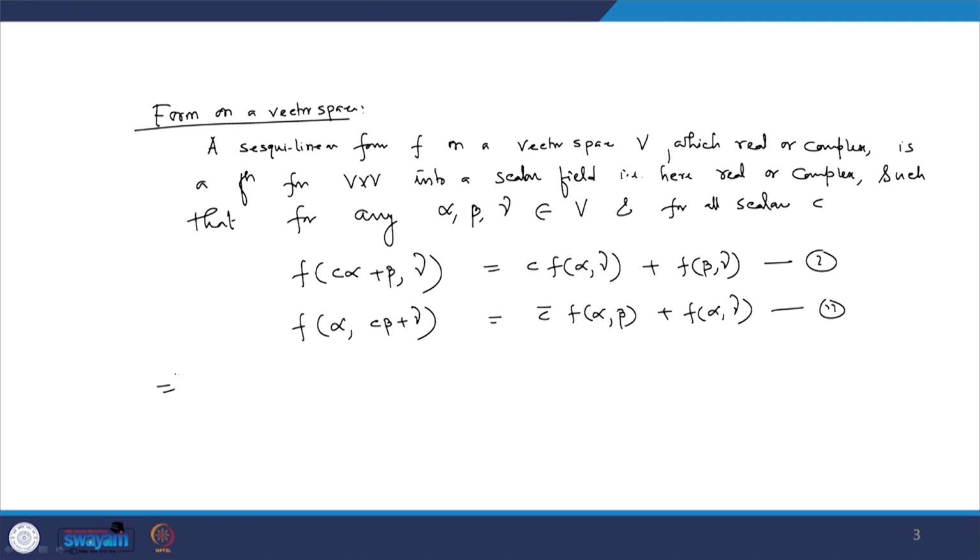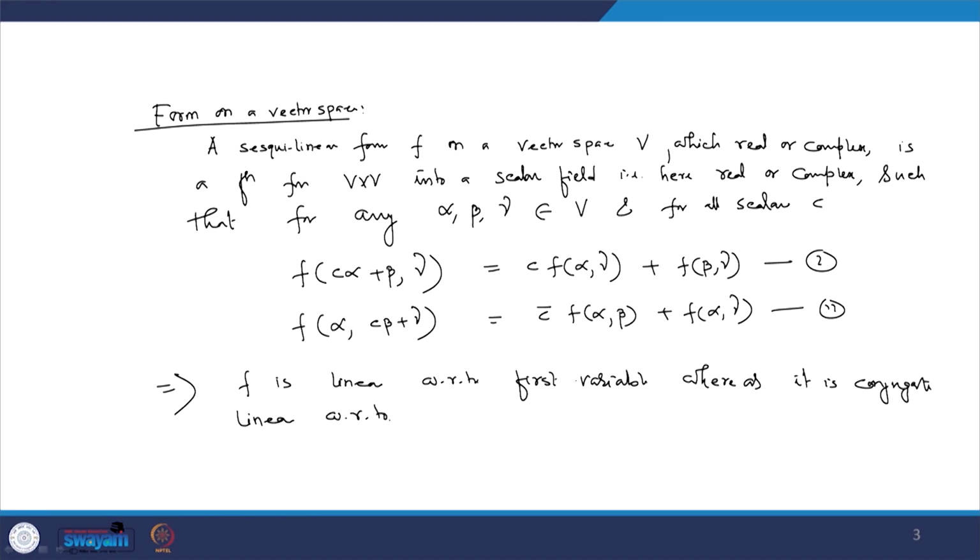So, this implies f is linear with respect to the first variable, whereas it is conjugate linear with respect to the second variable.